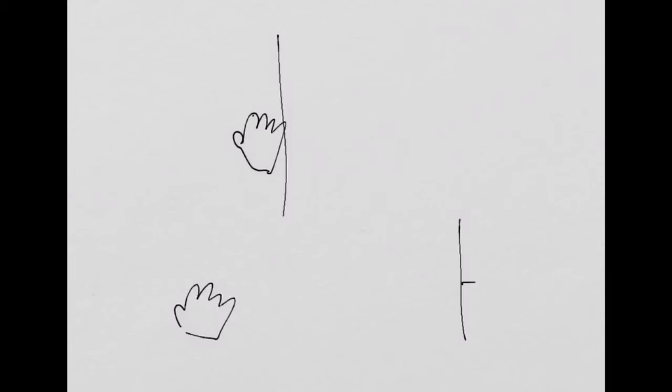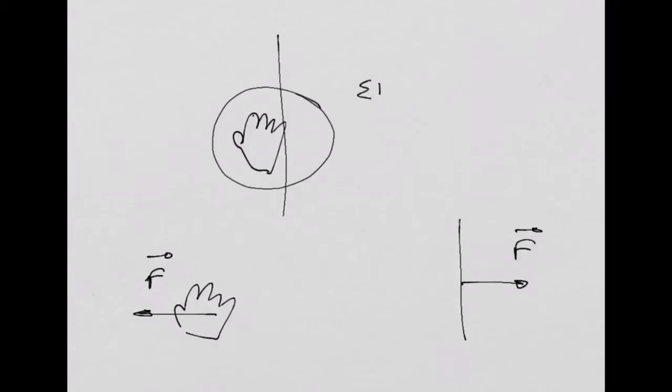The force I am applying on the wall is a force in this direction, let's say F, right? The wall will react on my hand with the same force but in the opposite direction. So at the end, the summation of forces is going to be equal to 0. So my hand is in equilibrium when I'm pushing the wall, right?